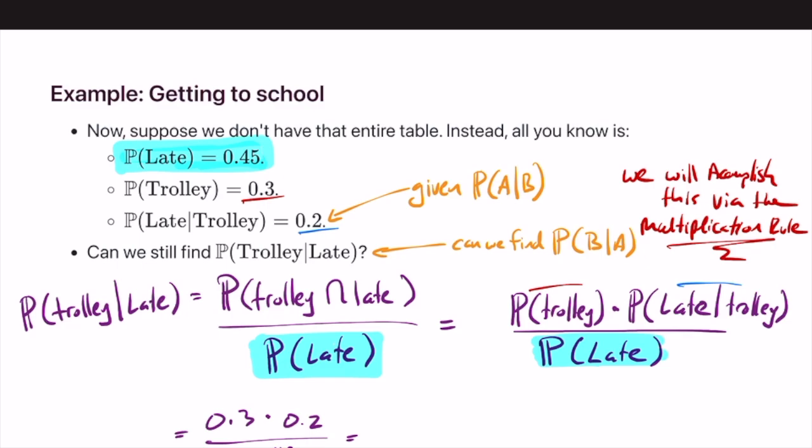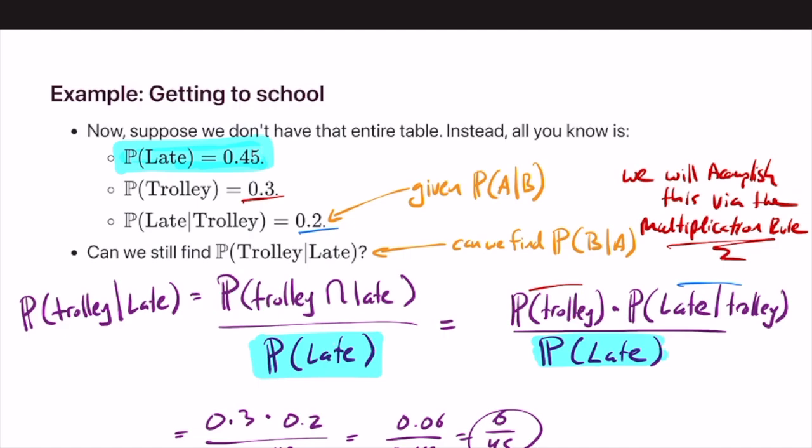And this will equal 0.3 times 0.2, 0.06 over 0.45, which is like saying 6 over 45, which is a good enough answer as the probability of taking the trolley given that you were late. So we know that you were late. What's the probability that you took the trolley?